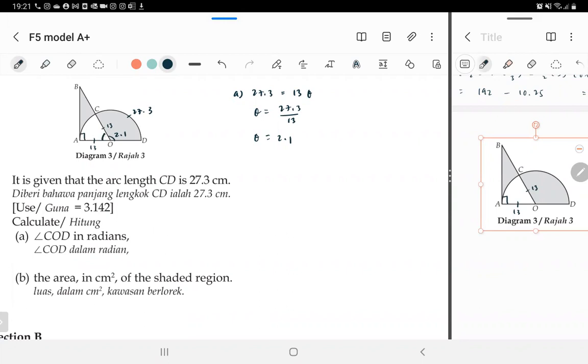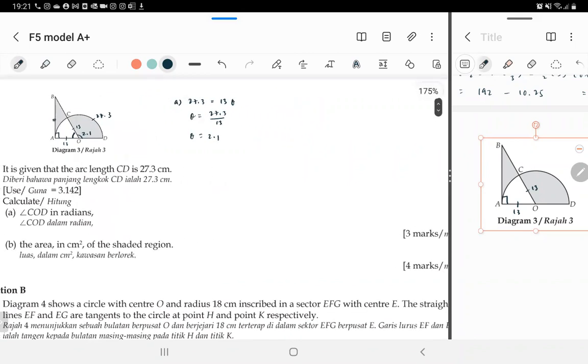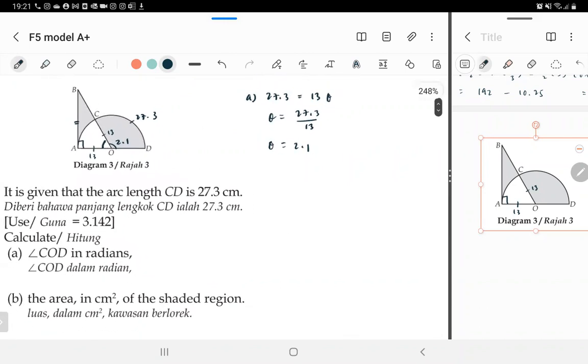Use the angle here to get the length of BA. So a few steps. Although it's worth 4 marks only, you need to do a lot of things. Okay, like this: 3.142 minus the 2.1 to get the angle in radian.